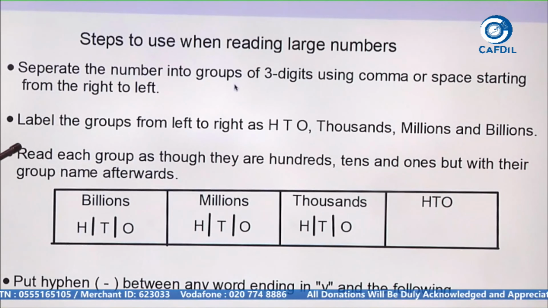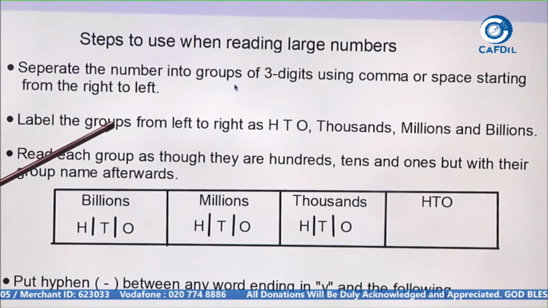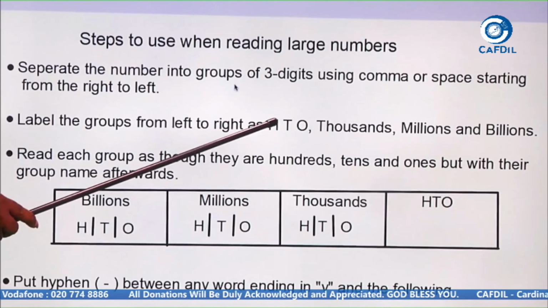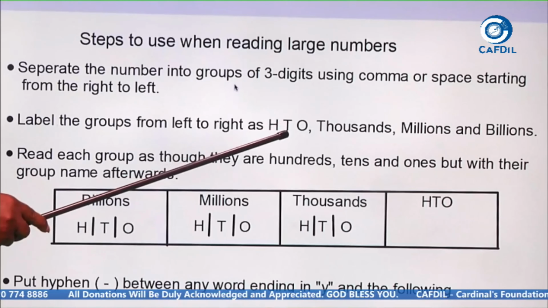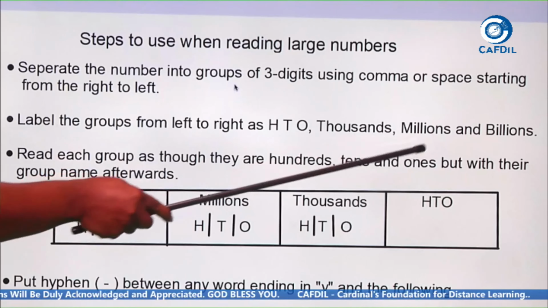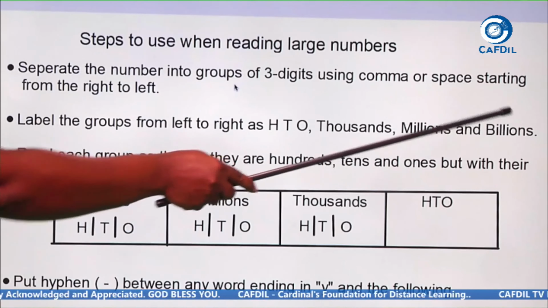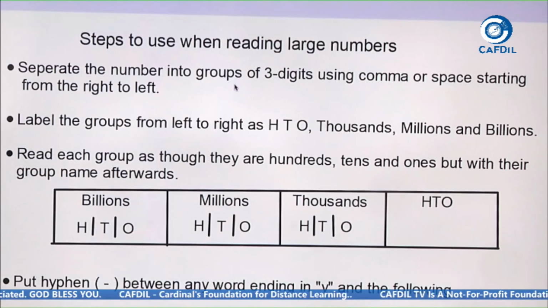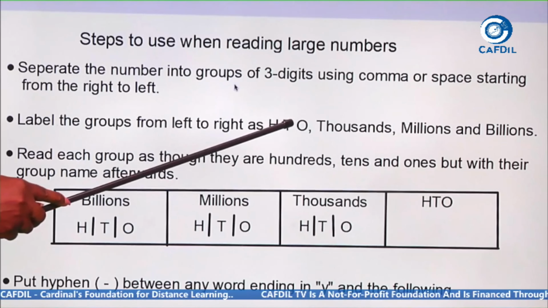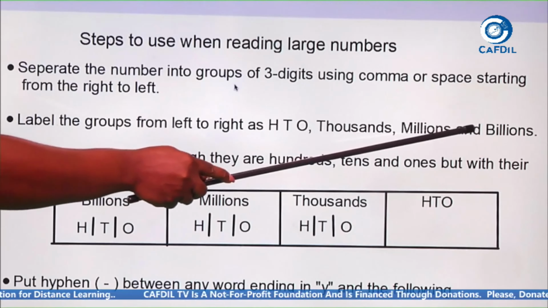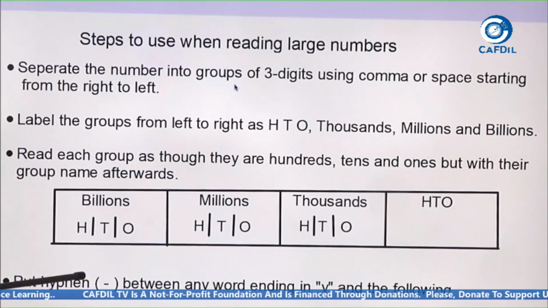Our next step, label the groups from left to right as hundreds, tens, and ones, thousands, millions, and billions.